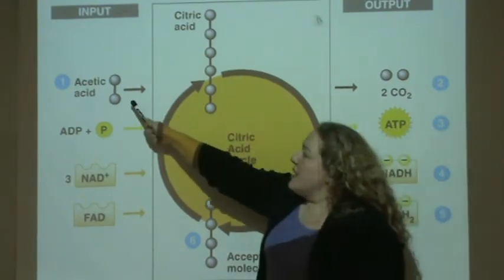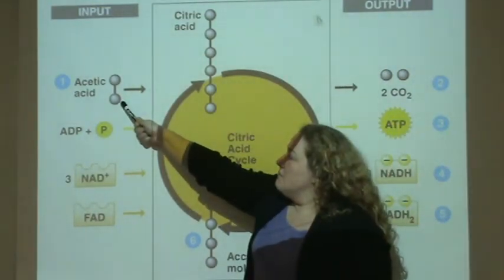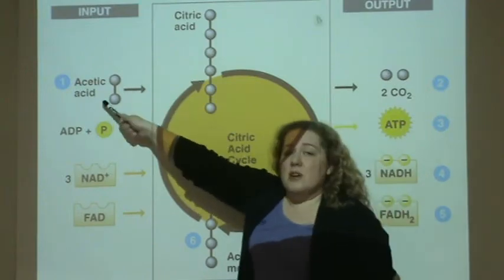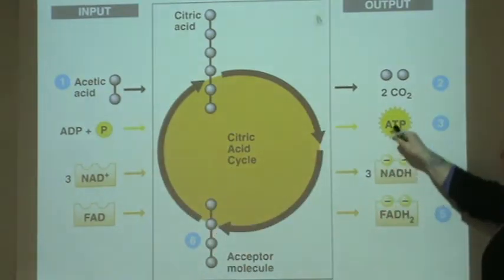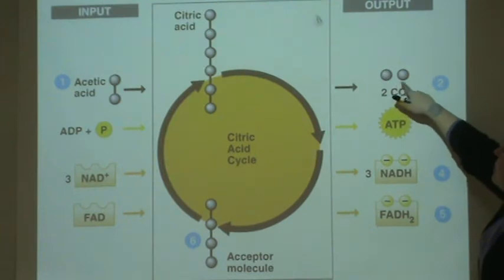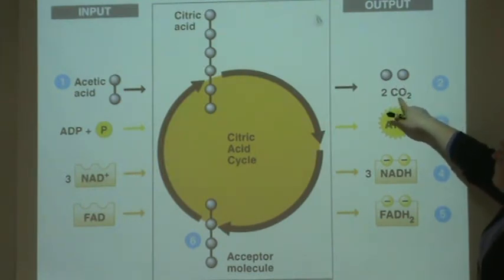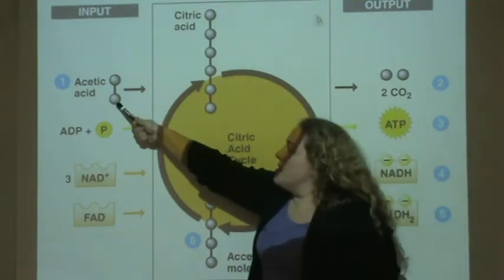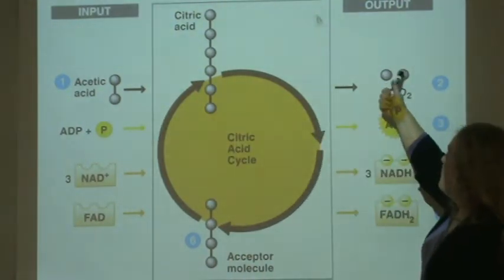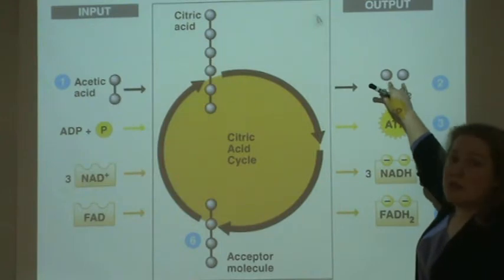So for every acetic acid that comes in, you start with a 2-carbon molecule. You produce as waste 2 carbon dioxides, 2 CO2s. So the 2 carbons that came in, they leave as carbon dioxide waste products.